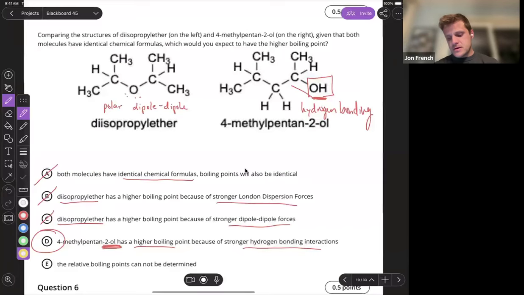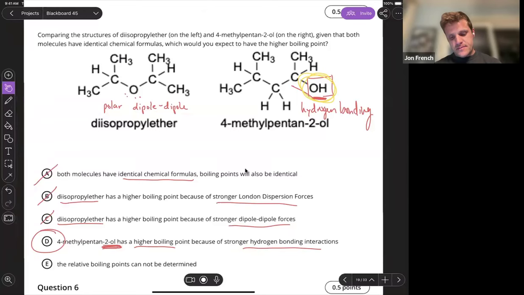So that's a good thing to look out for: is there a difference in intermolecular forces? Yes or no? Here, there is a difference. I've got hydrogen bonding versus dipole-dipole. That's going to be our argument. But if these both had alcohols, then they probably would have very close to about the same boiling point.